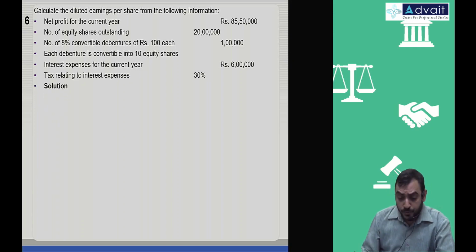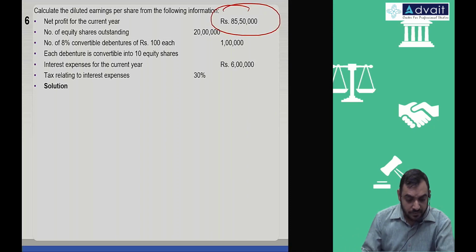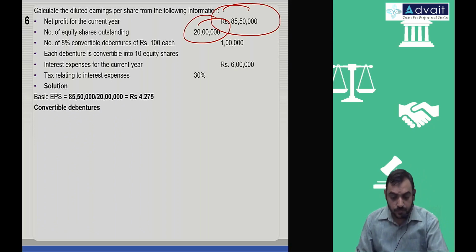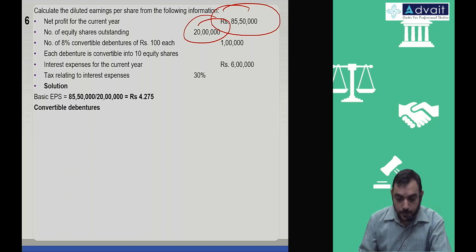Okay, first we will compute basic EPS, because only then can we comment whether it has a dilutive impact or an anti-dilutive impact. So first compute basic EPS: 85,50,000 divided by the number of shares, which is 20 lakh. Then we'll come to incremental EPS, that is incremental profits and incremental number of shares.